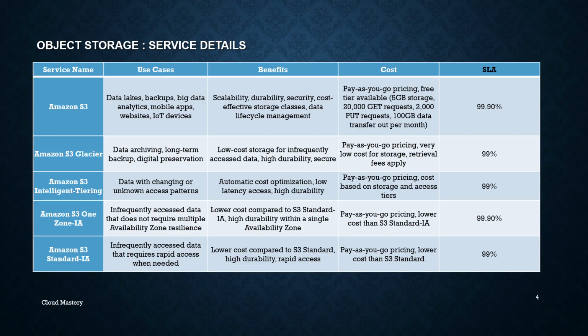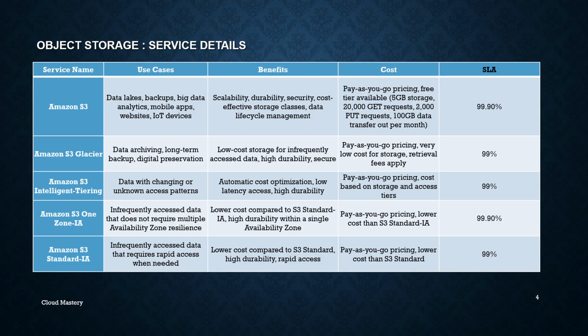There are also 20,000 get requests and 2,000 put requests, and you can transfer 100 GB of data out to applications. And for SLA, we have 99.9% for Amazon S3.